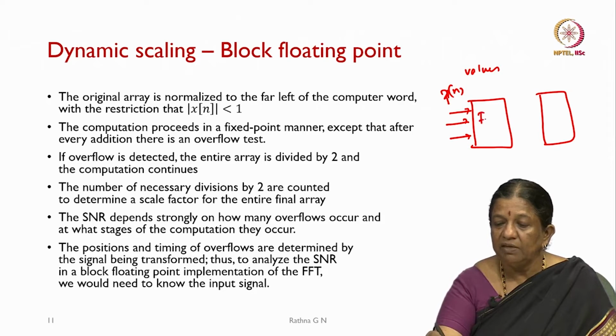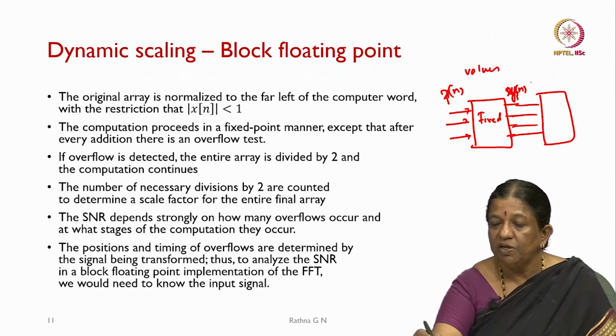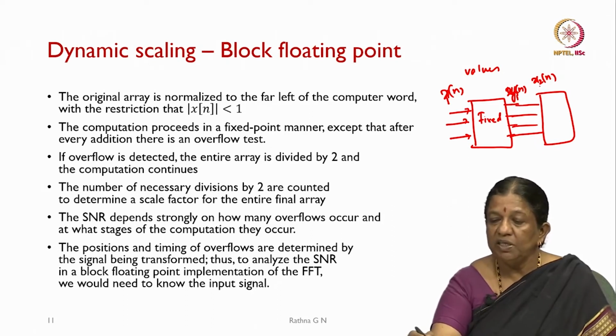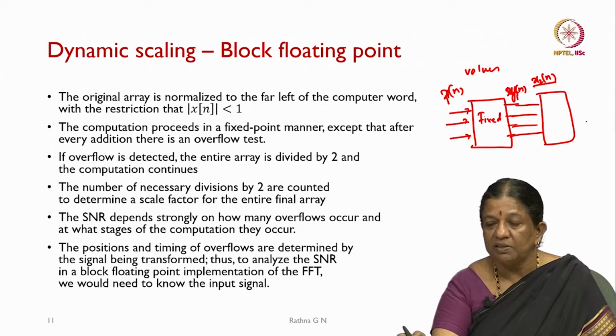Do this in the fixed point mode of operation. Then when we are coming out of it, we take these values and scale back. We will call it y1 of n, which goes as input to the next stage, which we call x2 of n. We can multiply and then do the rescaling, or in the end, if there is an overflow, then we will be dividing it by 2 in these cases.